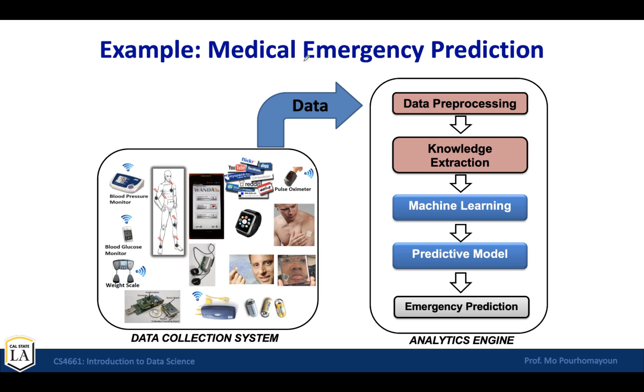Healthcare, my favorite application. You can use data science to save people's lives, right? Actually, this is exactly my favorite field of research, using data to build data science and machine learning models that can, for example, predict medical conditions before they happen, or detect, for example, a cancerous tumor in a medical image, and so on.